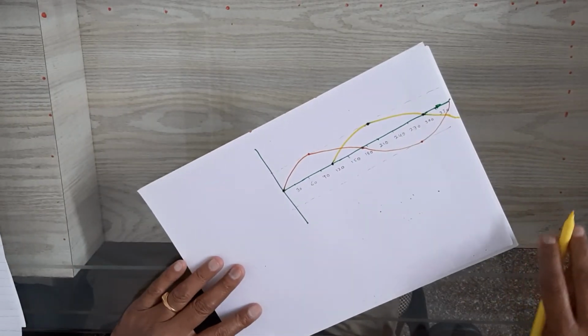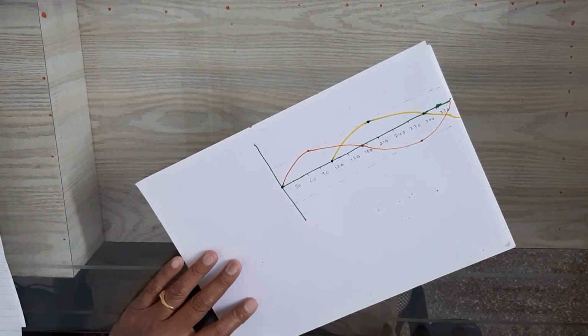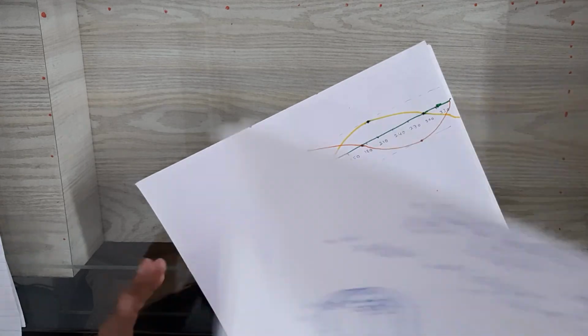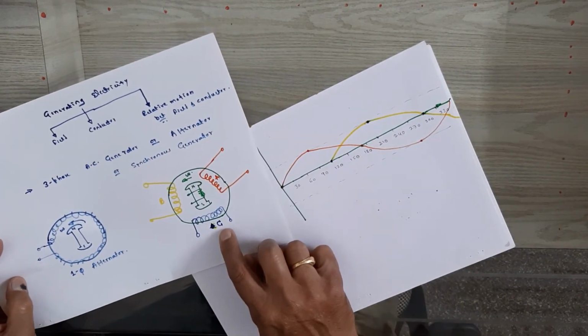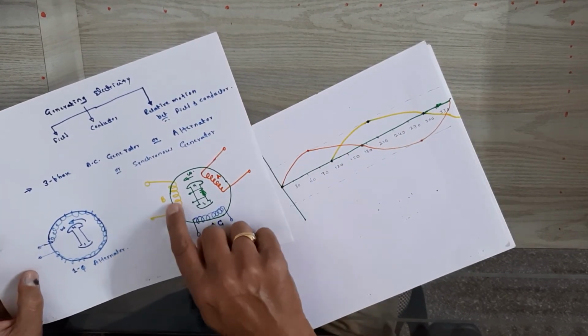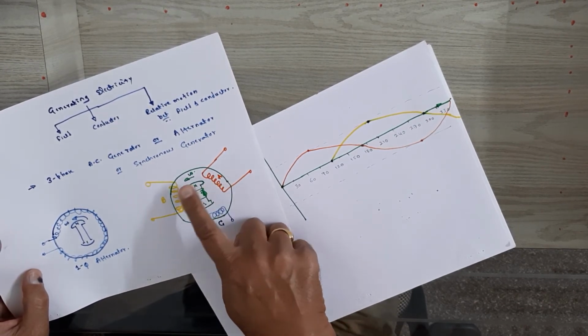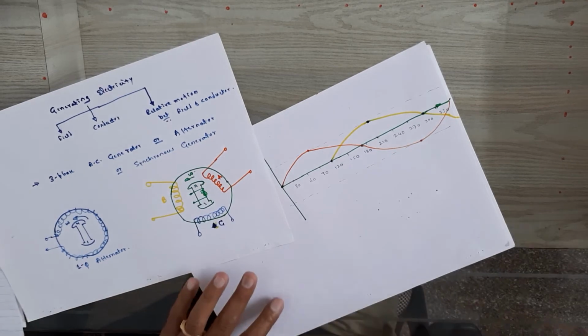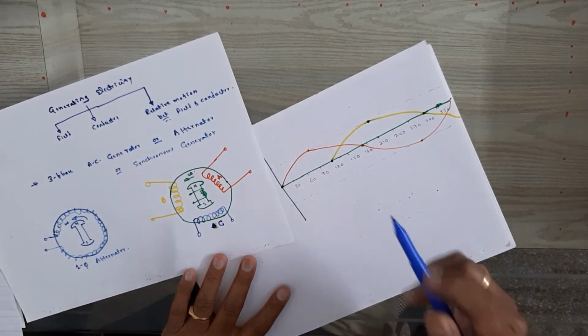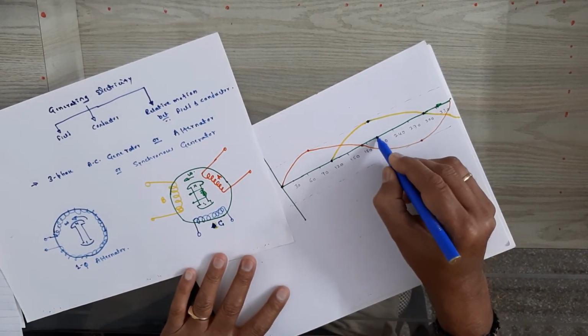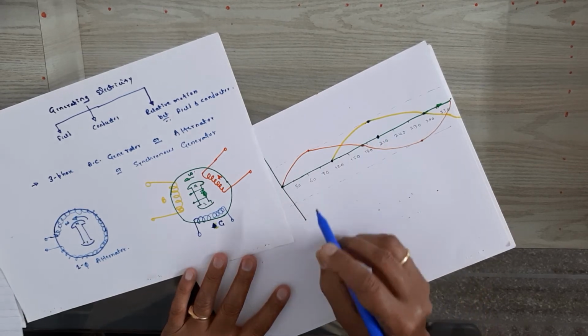Now the third phase, that is phase C, which lags B by an angle of 120, or lags A by an angle of 240, means it has to start from 240. It will start here.